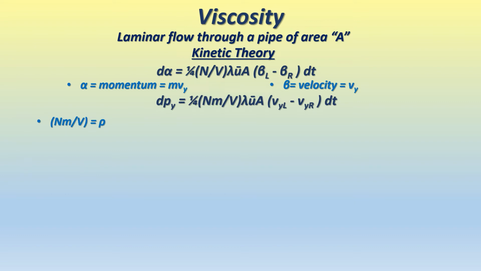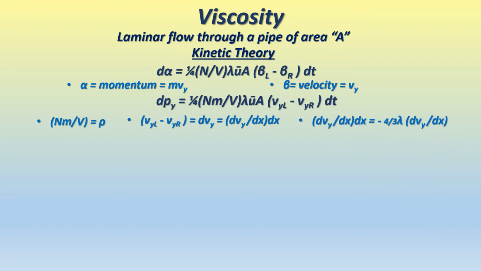A couple of simple substitutions. The number of particles times the individual mass divided by the volume simply gives you density. Also, the substitution dvy is equal to dvy/dx times dx.